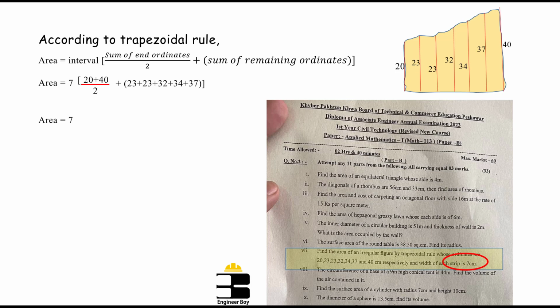These are the remaining ones. 20 plus 40 is 60, and we will divide that by 2, which is 30, and the remaining sum is 154. Now 30 plus 154 is 184, and multiply that with 7, you're going to get 1288 square centimeter as area.